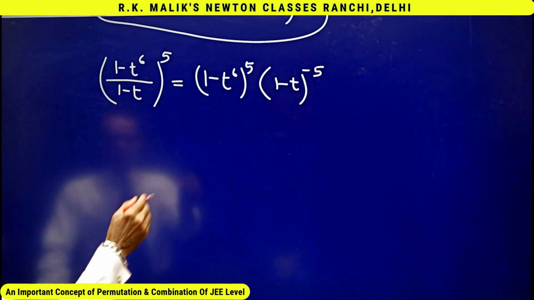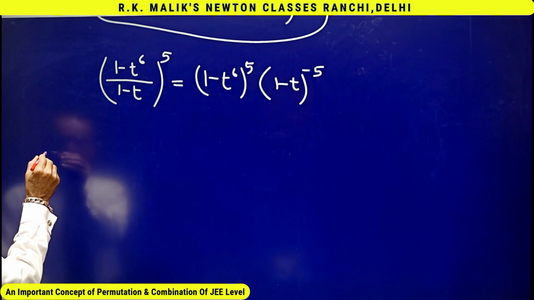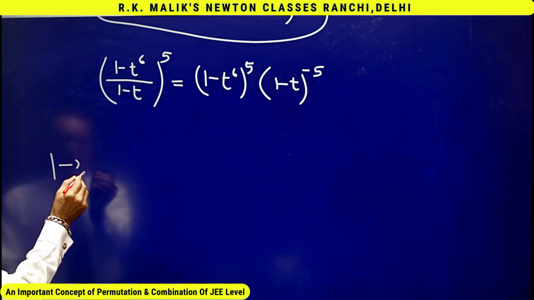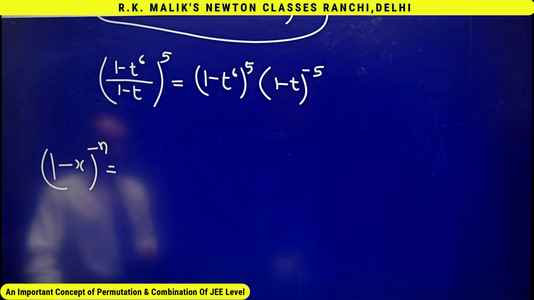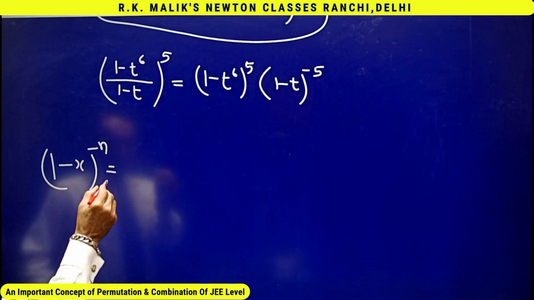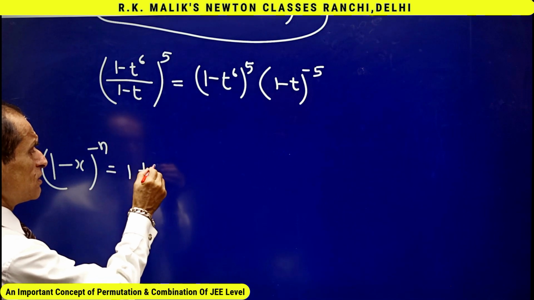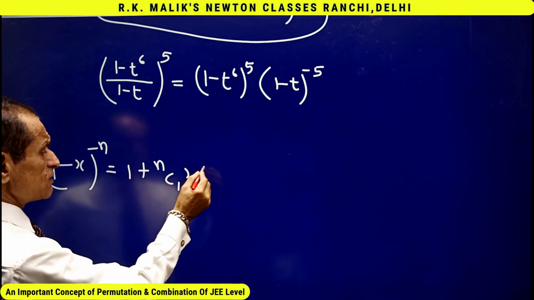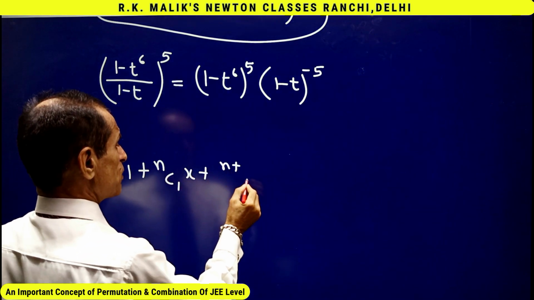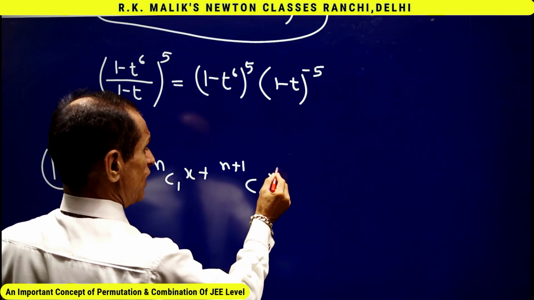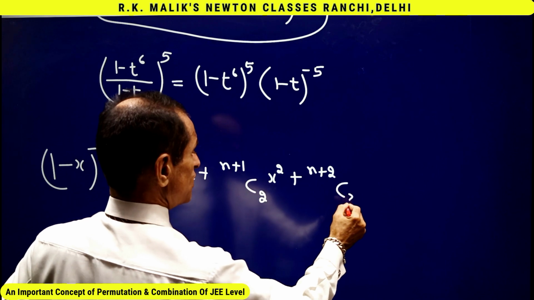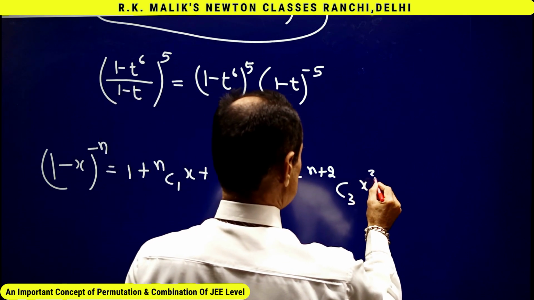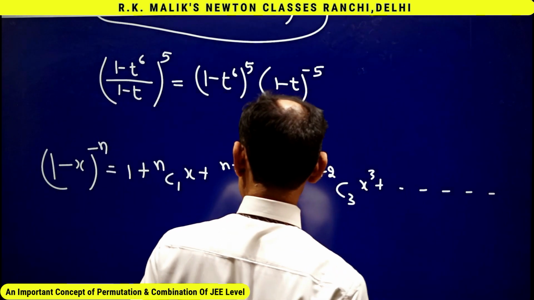For the next part, remember this thing: 1 minus x to the power minus n, where n is a natural number, is equal to 1 plus nC1 x plus (n+1)C2 x square plus (n+2)C3 x cube and so on.